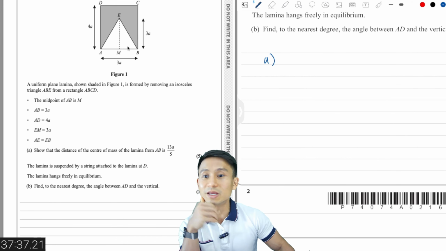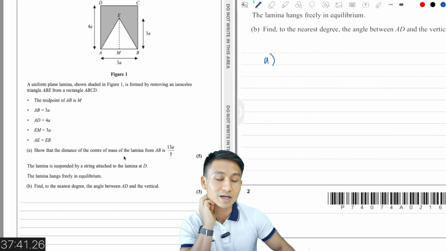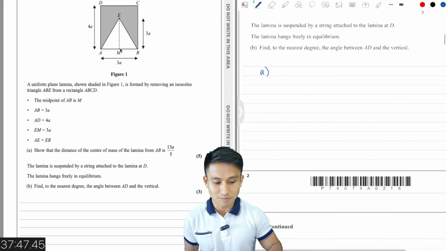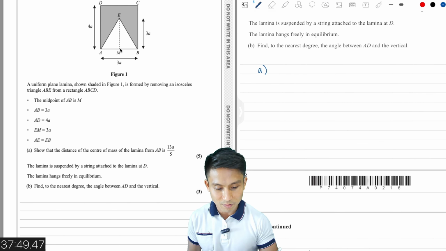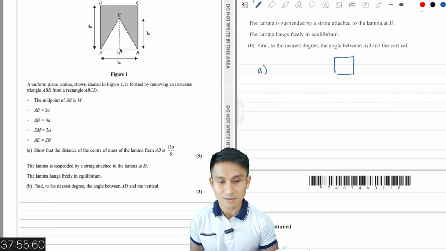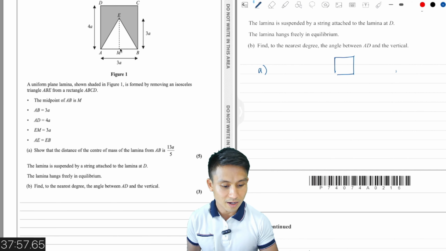Okay, so this is a composite body. So let's do a table, right? We have the full rectangle, and then an isosceles triangle here.